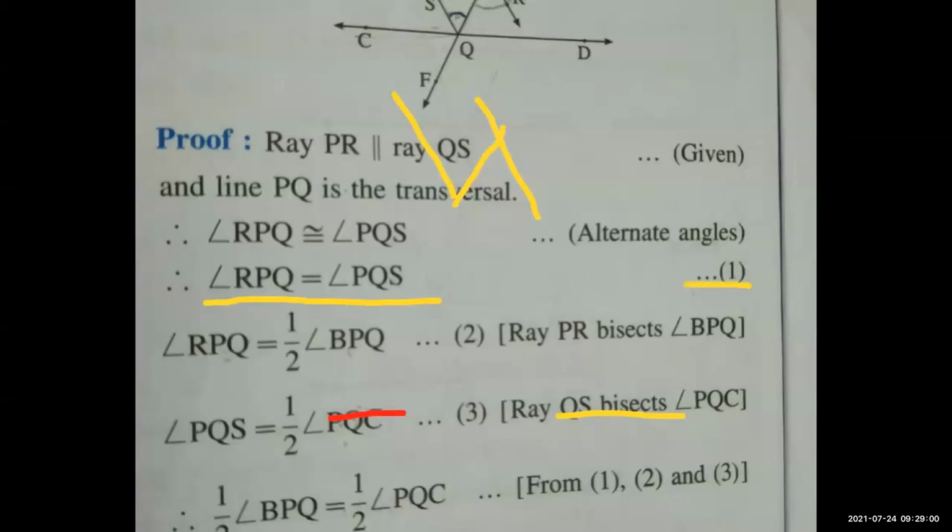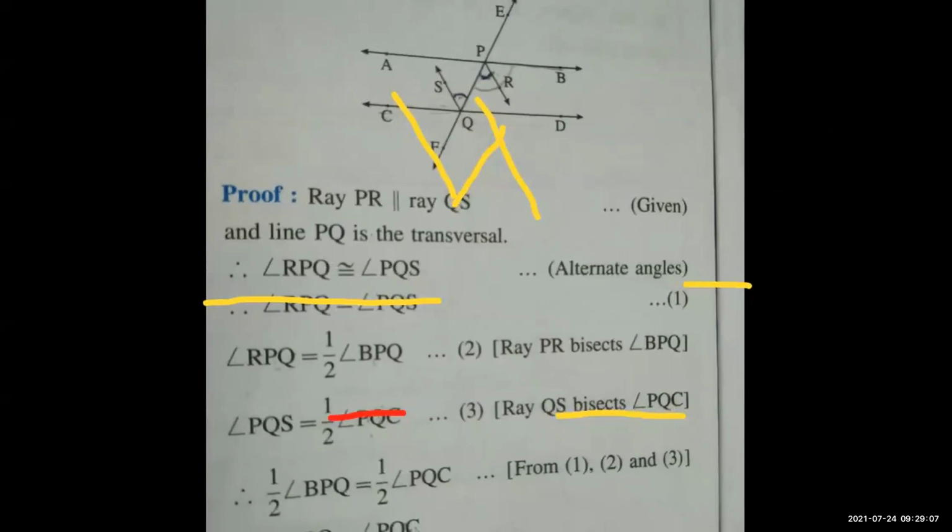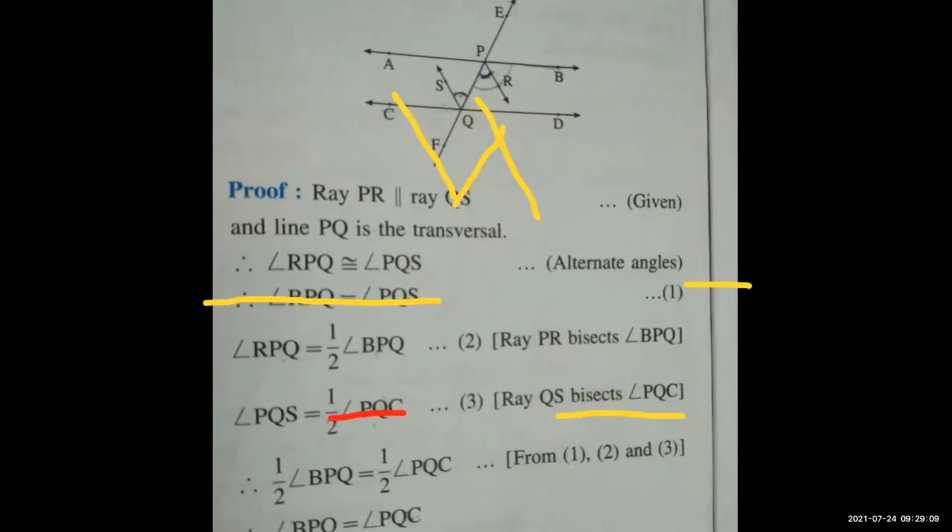Now as it is also given, ray PR is a bisector. So each of the angles, you can see in the diagram, will be half of the main angle.